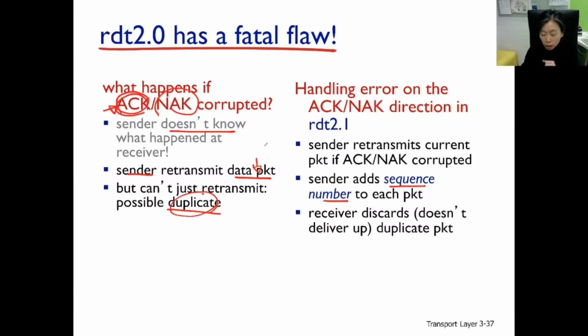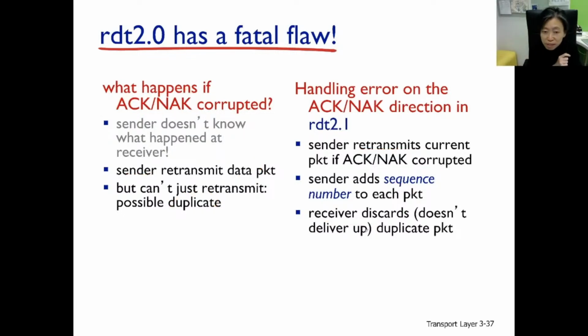Okay. So in RDT 2.0, the sender will just retransmit the current packet in case the feedback is corrupted. But in the packet, it's going to carry a sequence number that will allow the receiver to tell whether this is a duplicate or not. In case the receiver detects it's a duplicate, it would discard the duplicated packet. And this is RDT 2.1.